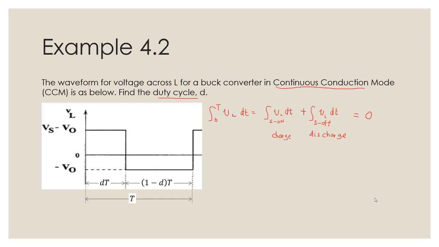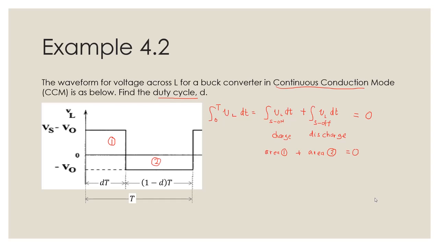Let me call them area number 1 and area number 2. So the part when the switch is on, area 1, plus area 2 is equivalent to 0. We are going to use this relation to find D, the duty cycle.